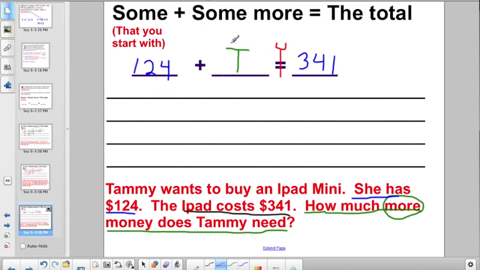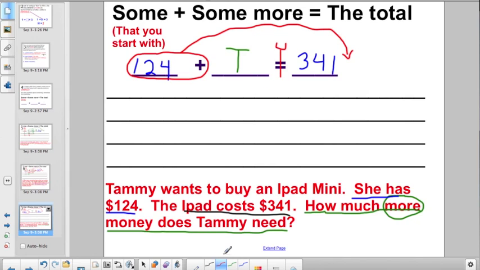I want to get T by himself. So I'm going to circle everything except the T, because isolate means to get it by itself. Solitary isolation. You are locked in a room by yourself in solitary isolation.